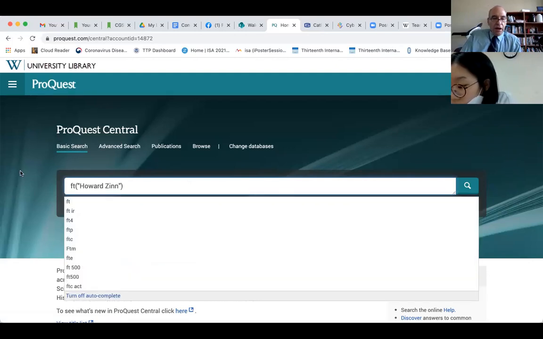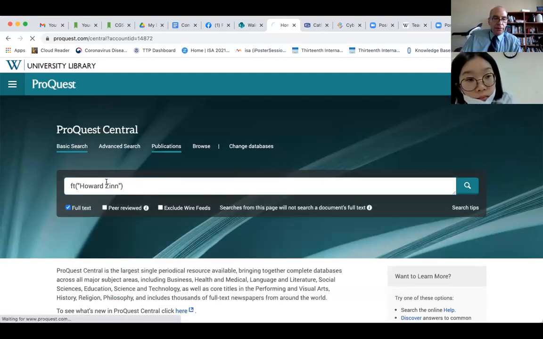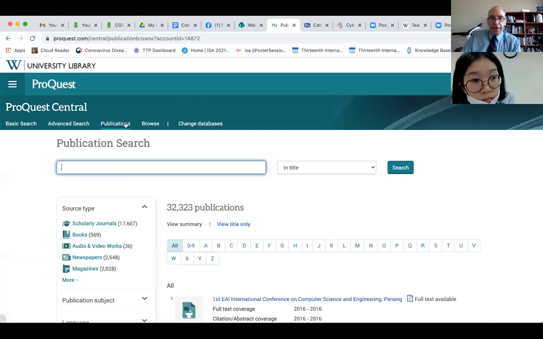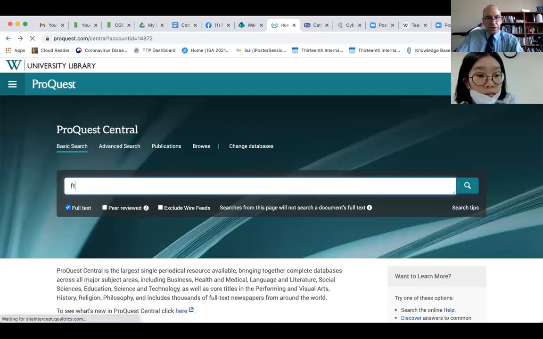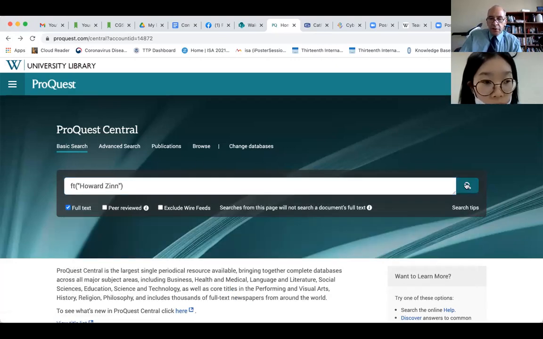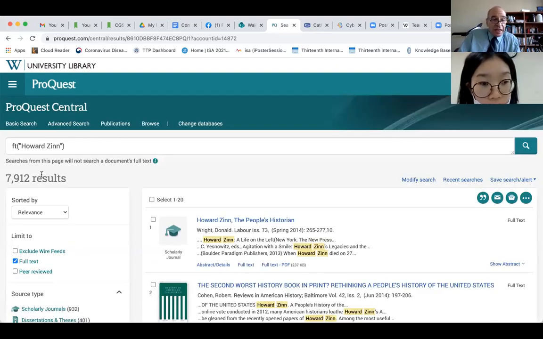The library has this database called ProQuest. I put in Howard Zinn in quotation marks, so it looks for the whole phrase, and then we search. You see 7,912 results, where Howard Zinn is mentioned somewhere in the article.